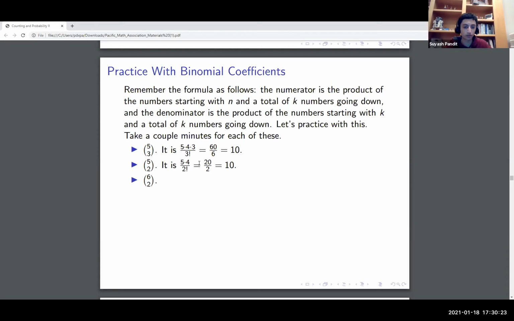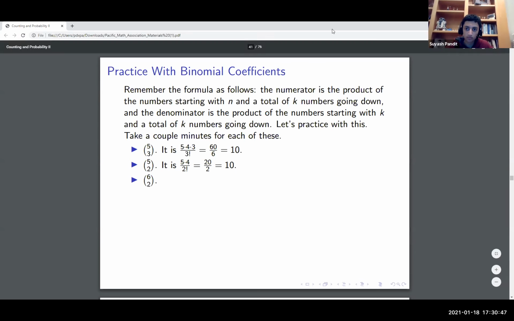Now let's do 6 choose 2 first. So for this one, there's the next 2 numbers down the line, 6 times 5.